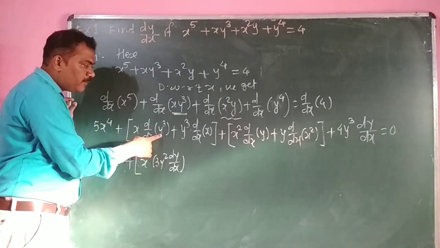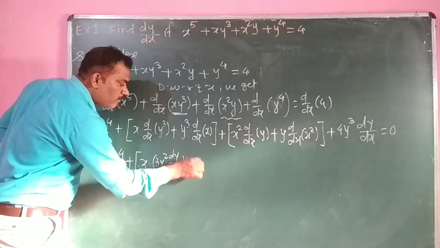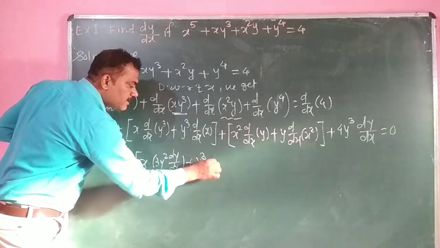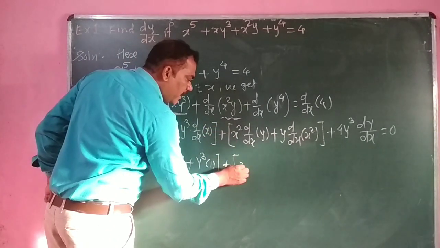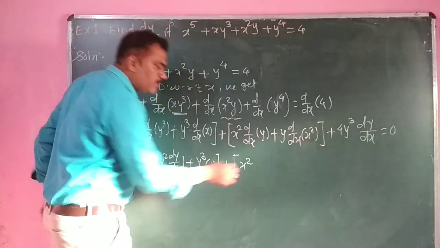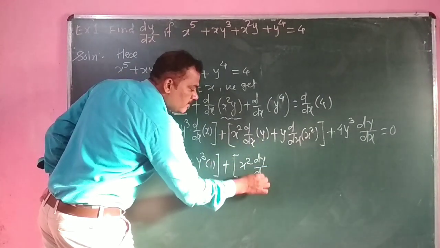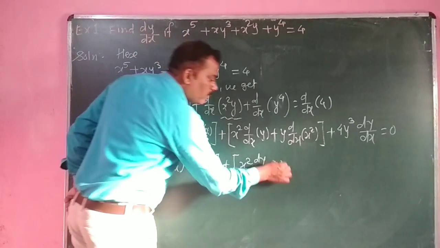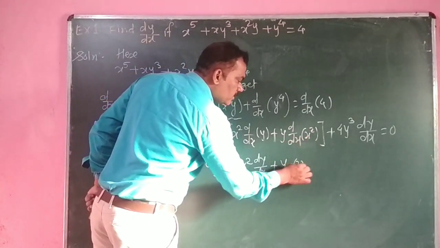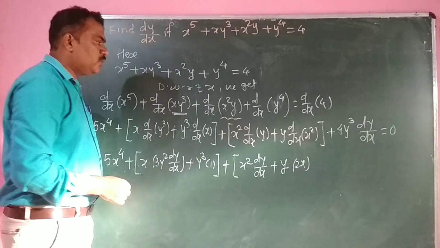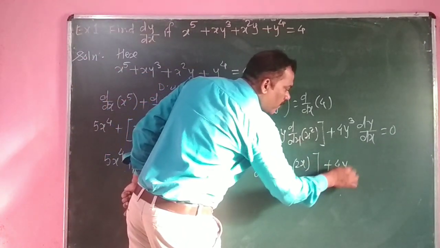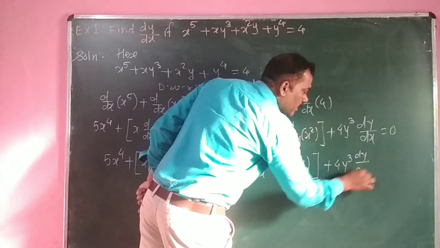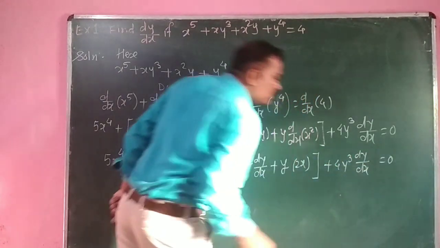Next, derivative of y with respect to x plus y cube as it is, d dx of x is nothing but 1 plus, now for this bracket x square into differentiation of y with respect to x is nothing but dy by dx plus y into differentiation of x square with respect to x is nothing but the 2x. This complete bracket plus 4y cube into dy by dx is equal to 0.